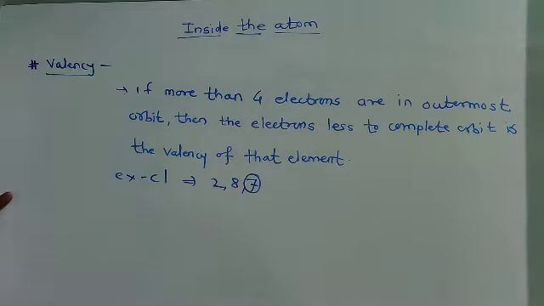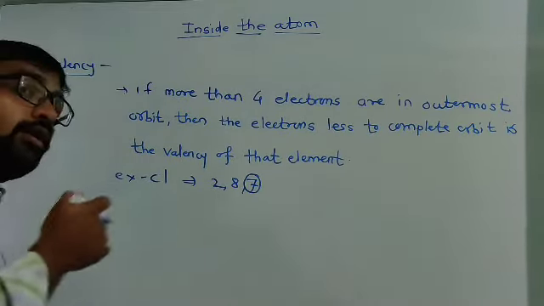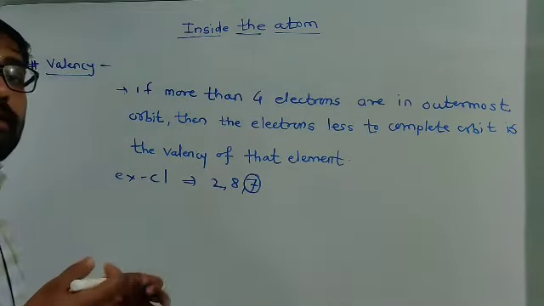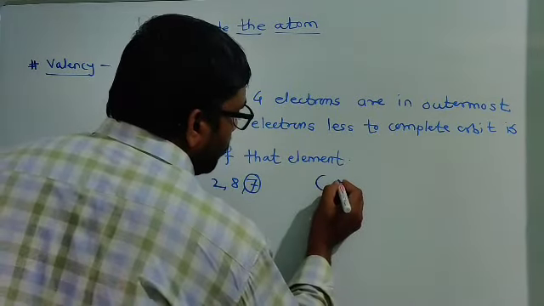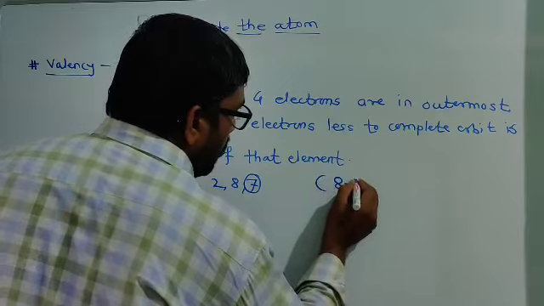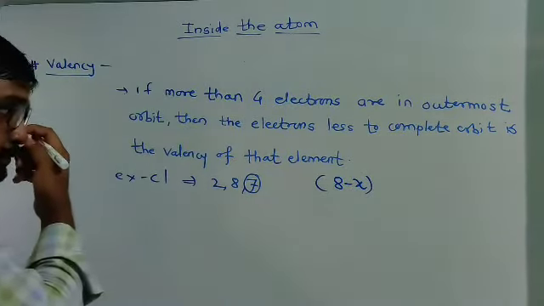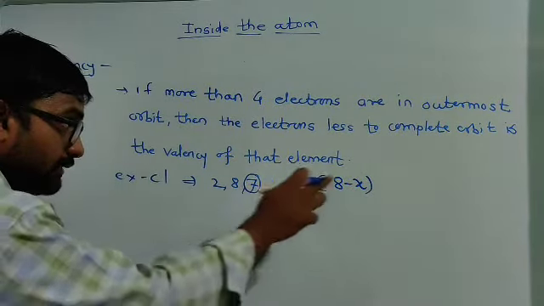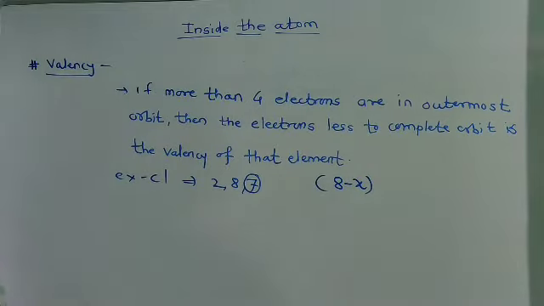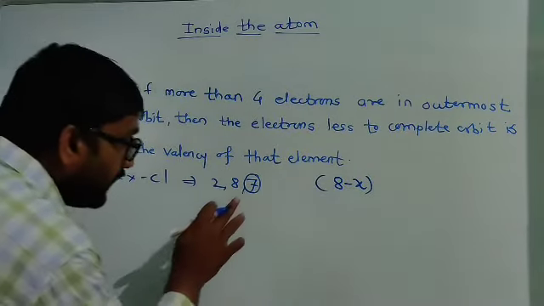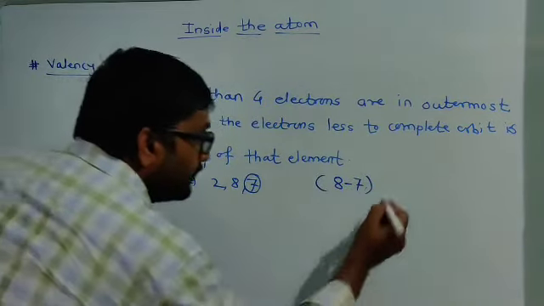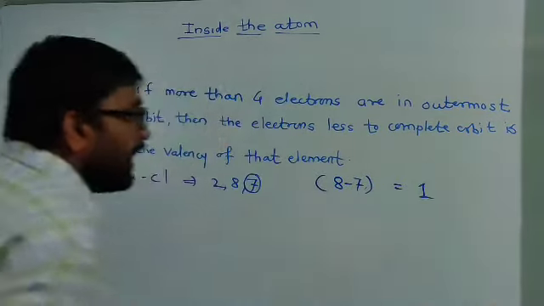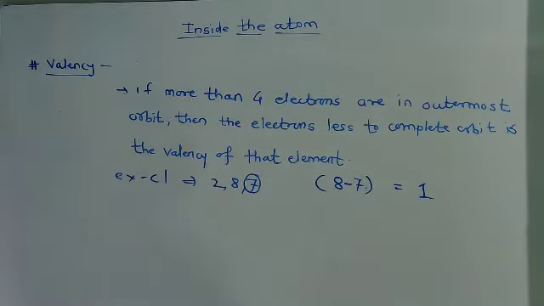We have to find out how many electrons are required to complete its orbit. So we use the formula 8 minus x, where x means the valence electrons of that particular element. Here x is 7, so 1 is the valency of this element.